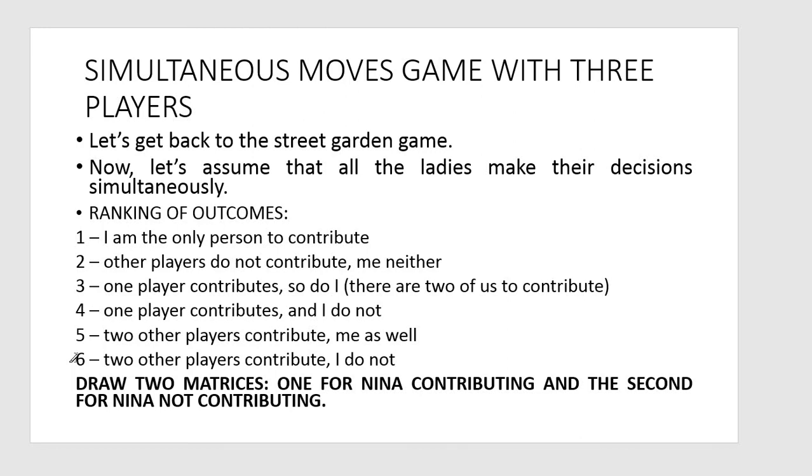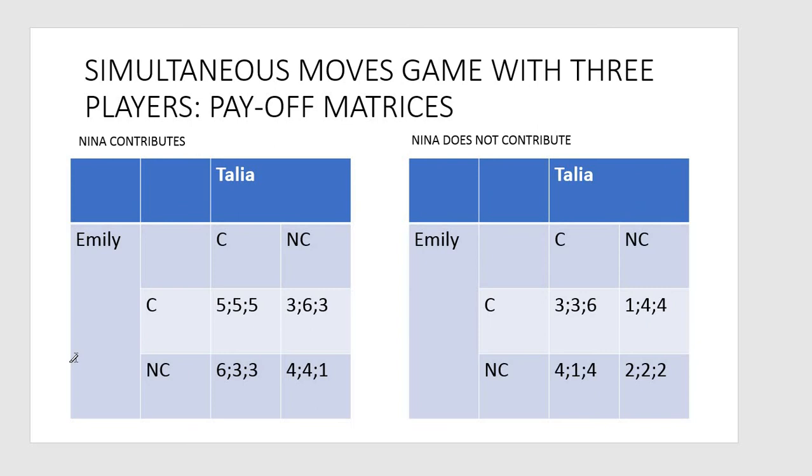Again, if you'd like to practice, put this video on hold, and here is the solution. So Emily is the first player, since she's the role player. This is payoff for Emily. Talia is the second one, and Nina is the third one. So if we assume that Nina contributes, here we have all three ladies contributing, so all of them get 5.